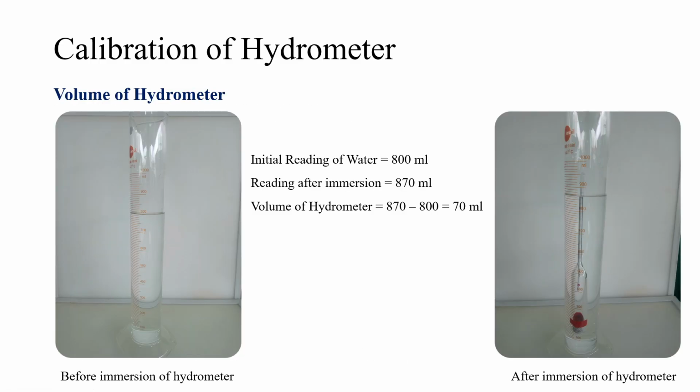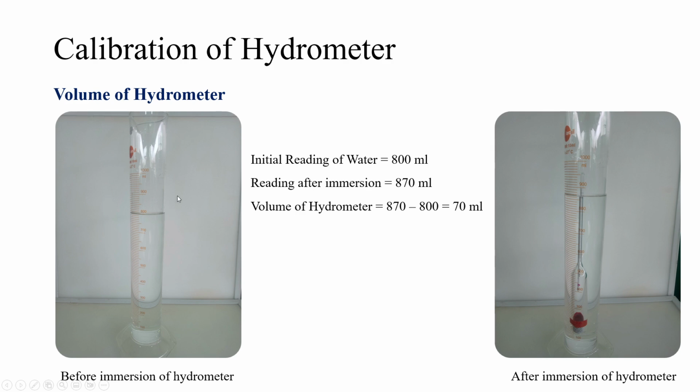Before starting the actual test, for calculation, we need some data. So first we will understand that data, then we will perform the test. Firstly, we need to calibrate the hydrometer. For this, we need the volume of the hydrometer. For determining the volume of the hydrometer, take water in this 1000 ml measuring cylinder up to 800 ml.